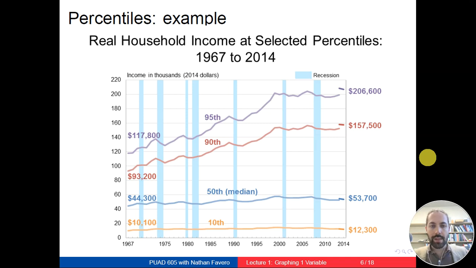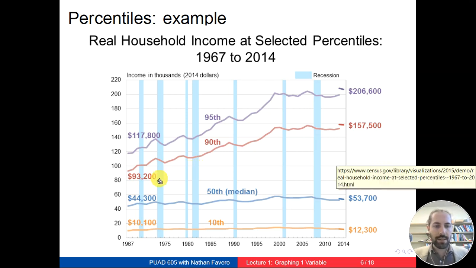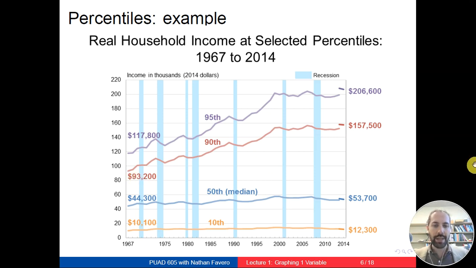What about the upper percentiles? The 90th percentile, right? Now, remember again, if we want to interpret that at the beginning of our series, this is saying that 90% of the population earns less than $93,000 a year, if we round. So conversely, the top 10% are earning at least $93,200 a year.